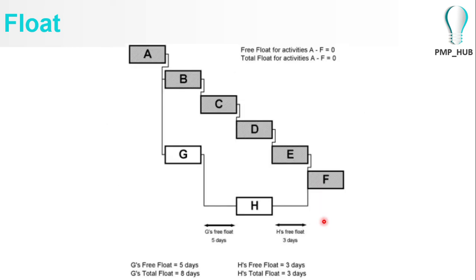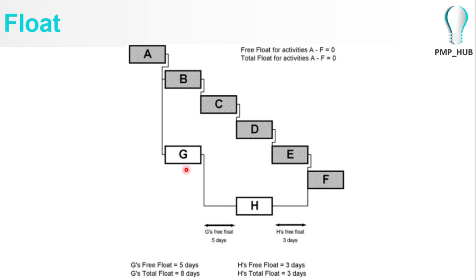Let's take an example for more clarity. Look at this example. There are activities A, B, C, D, E, and F. And there are activity G and activity H. Between activity G and activity H, there is a free float of 5 days.